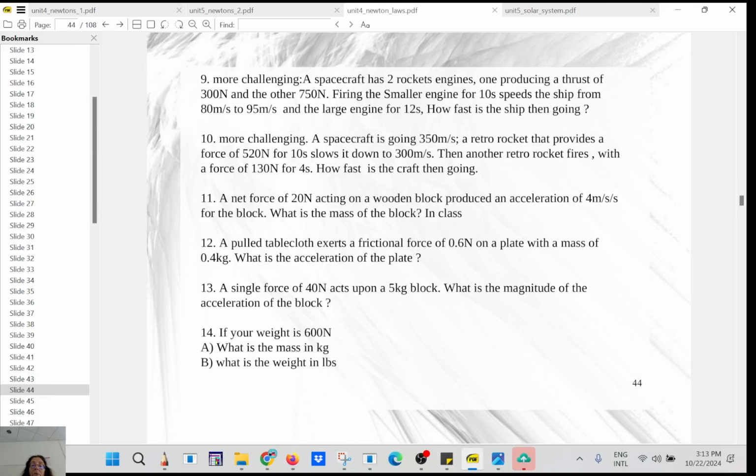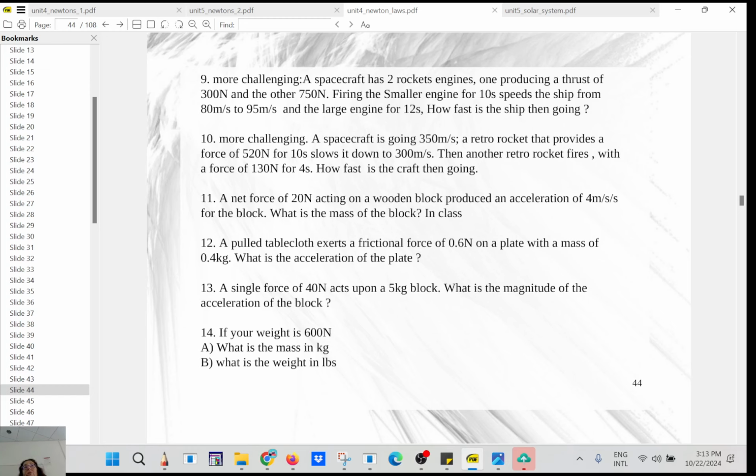Do remember one question like this for test number 2. Don't confuse weight and mass. Weight is a force due to gravity, right? It's the Earth or a planet pulling toward its center, but the mass is inertia. On Earth, if the weight is 600 Newton, that's a force. If you want to find the mass, you divide by about 10. So that will be 60 kilogram, right? How do we go from kilogram to pound?